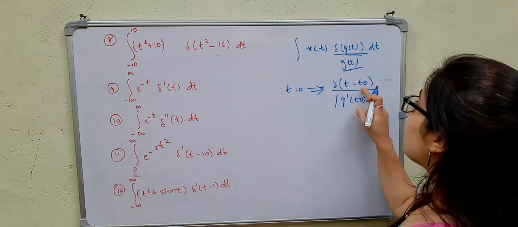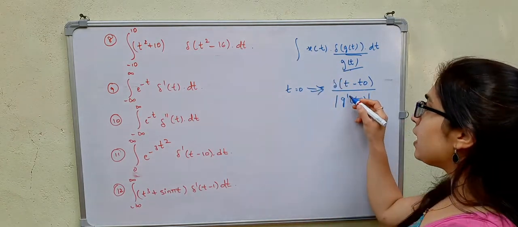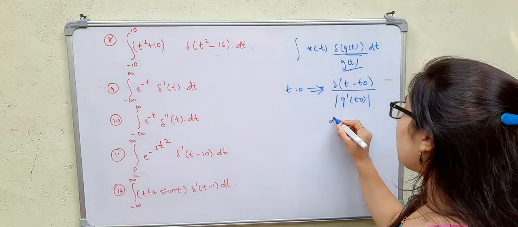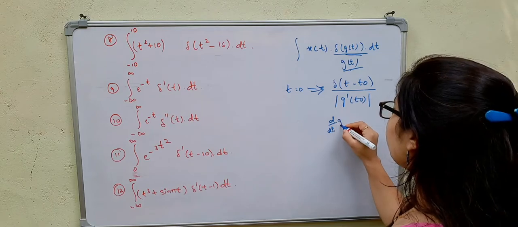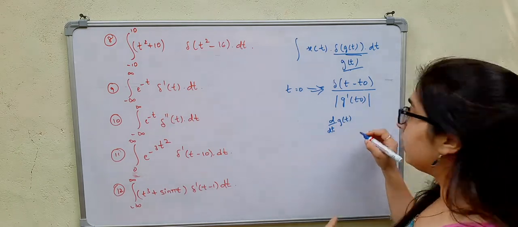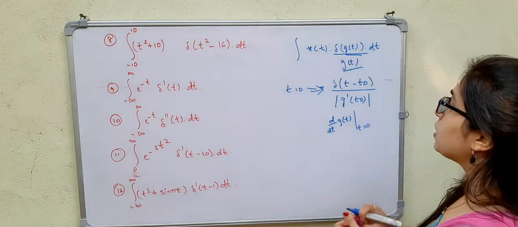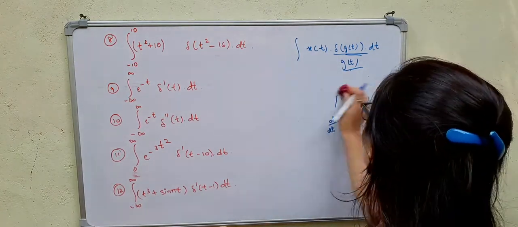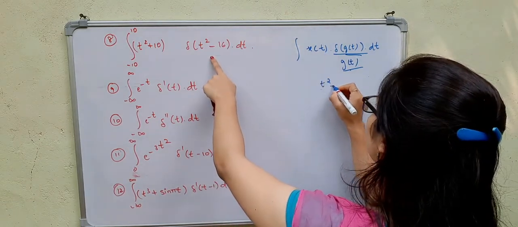First we have to find the roots of this g of t, and then g dash of t naught is nothing but we have to differentiate g of t with respect to t, and then substitute t is equal to 0. So let us find it now. g of t in this case is t square minus 16.